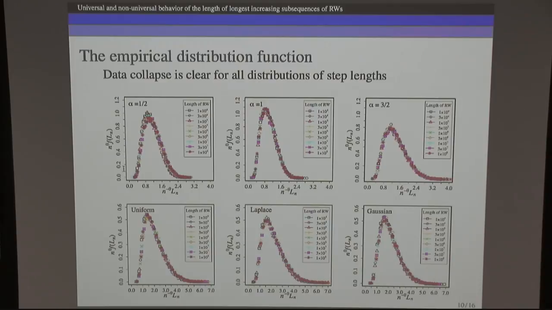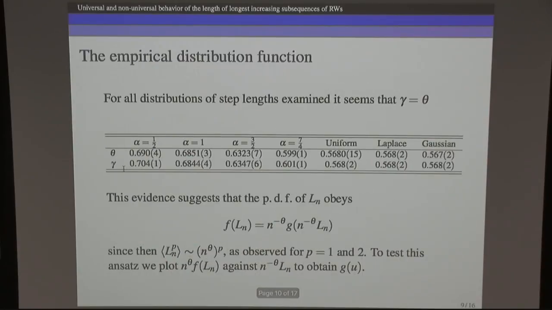When the step lengths are of finite variance, uniform, Laplace, and Gaussian, this exponent here, this half here, they are all equal. They are kind of universal, and the distribution function is universal also.